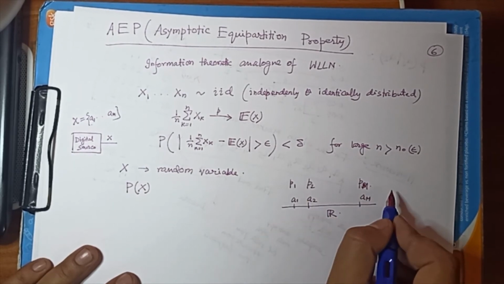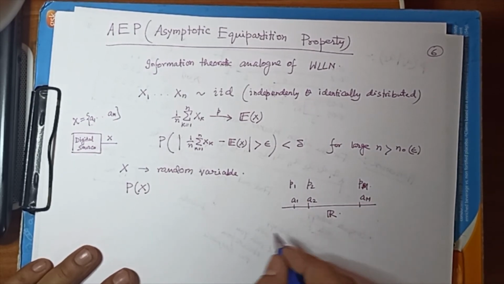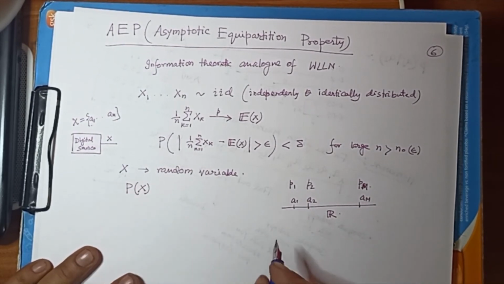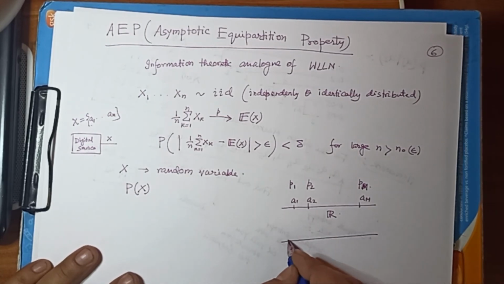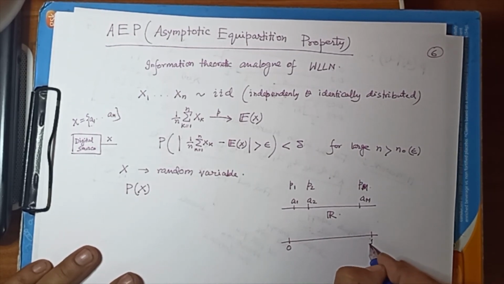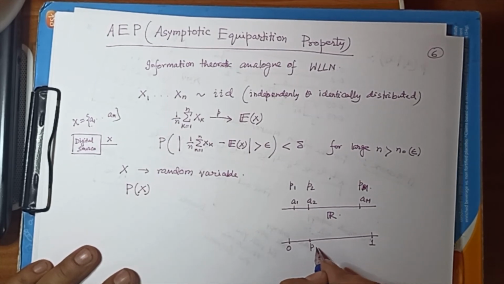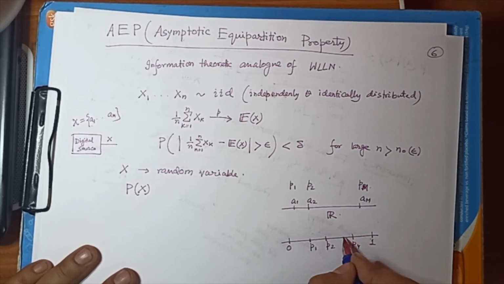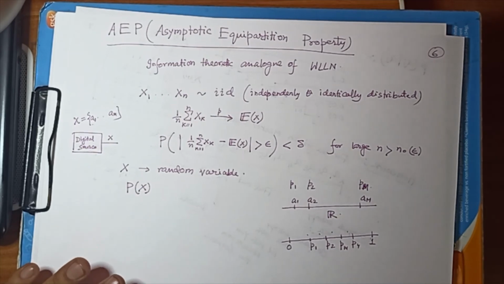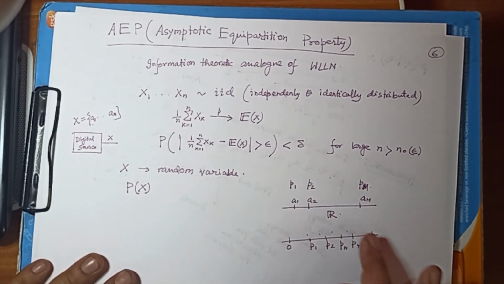So these are some probabilities. I can visualize that p(x) is also a random variable which maps between 0 and 1, and it takes values p1, p2, p3, pm, etc. These are the values the random variable takes, such that the sum of them will be 1.